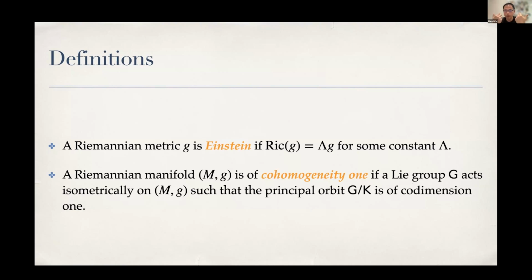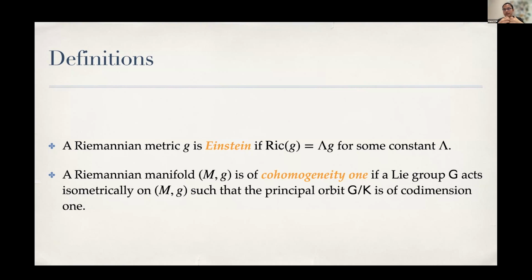What does it mean to be of cohomogeneity 1? It means that the manifold is isometrically acted on by some Lie group G, and in that way the principal orbit, G/K, is of codimension 1. You can think of a cohomogeneity 1 manifold as the next case after the homogeneous manifold.